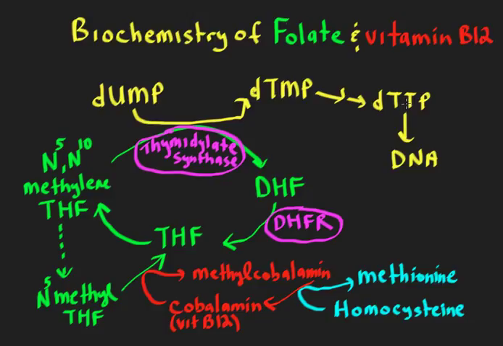Now, folate is a very important vitamin because it does a lot of carbon transfers. And the form of folate that's involved in this enzymatic step done by thymidylate synthase is the N5-N10 methylene tetrahydrofolate. This is what's going to donate that methyl group to this uracil molecule and make a T.